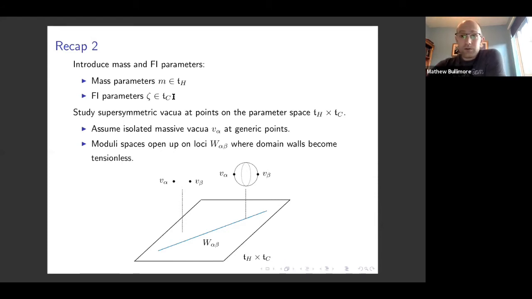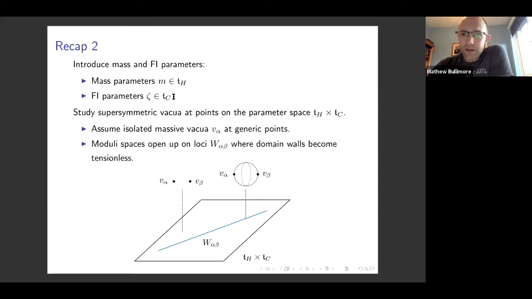So what I talked about was mainly the vacua. And so we made a crucial assumption, which was that if you look at very generic values of these parameters, then there are only discrete isolated vacua. So the system sits in a massive vacuum, basically.